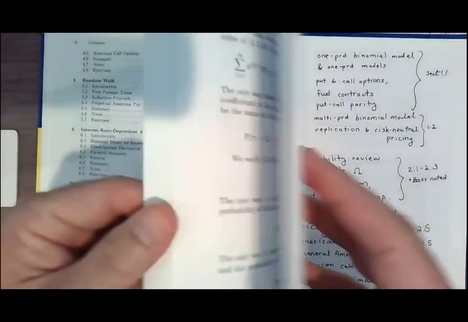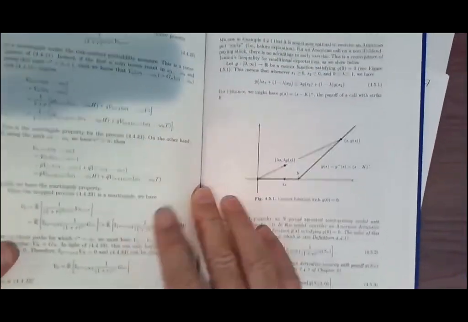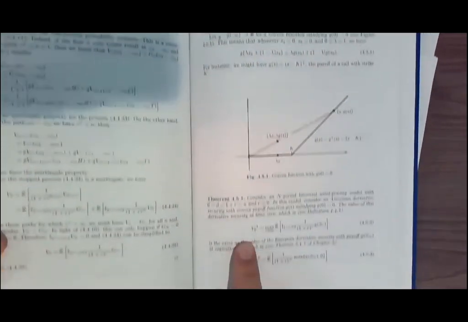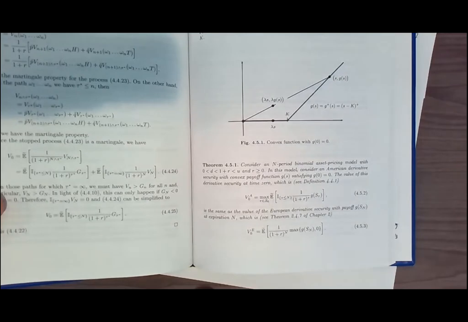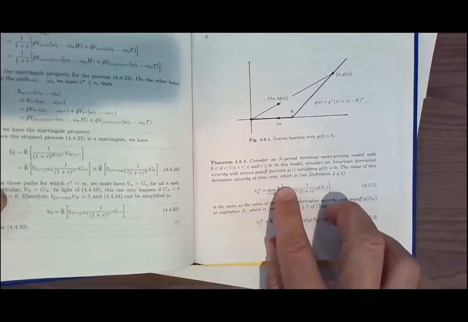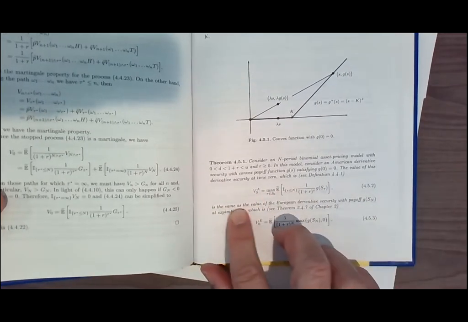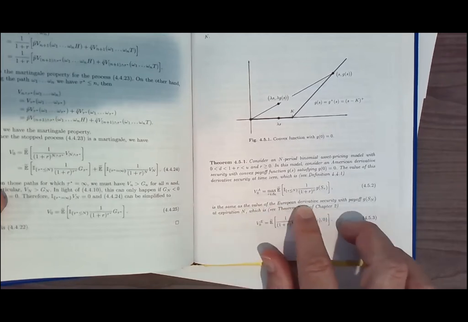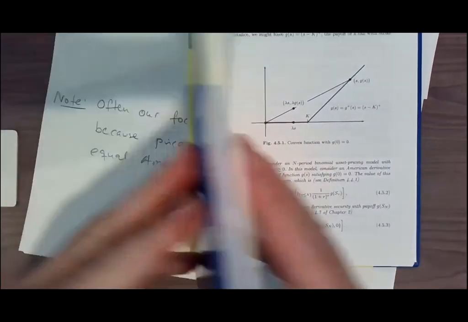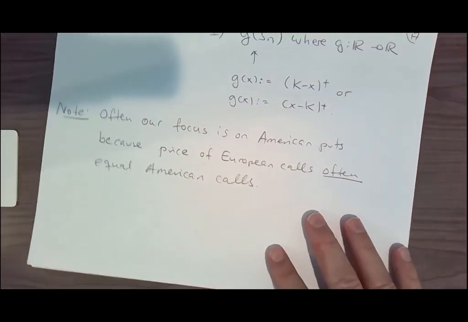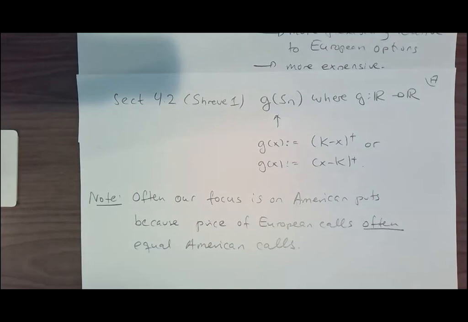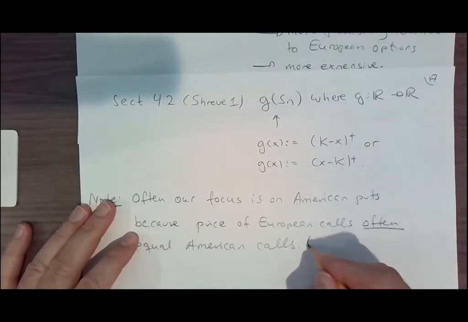What's being shown here in the case of an American call option is that under some conditions the American option has the same value as the European. So there's no difference in price between American and European call options. We're going to prove that. This is going to come later.